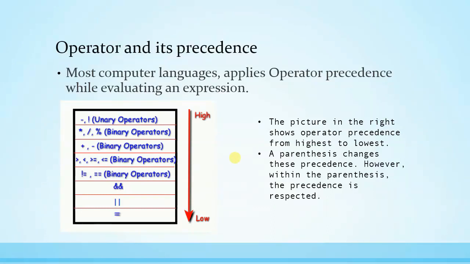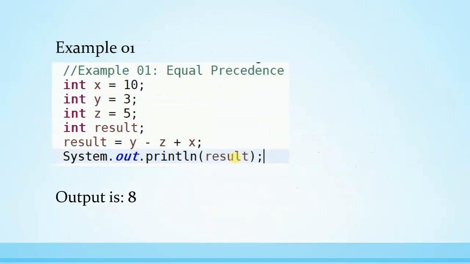Okay, let's go to the next slide and we will look into an example on how it works. So here in this example, first we initialize the 3 variables x, y, z. We have given some values 10, 3, 5.